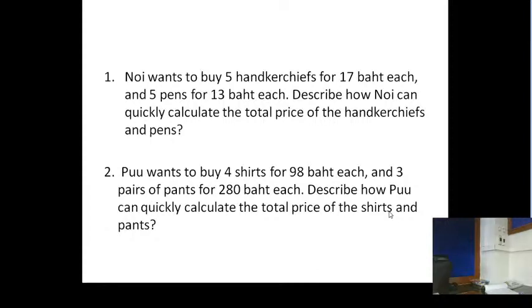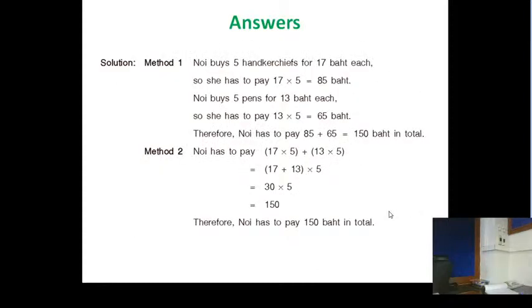Okay. So what is the answer? How will we do this question? You know already. Okay. 17 multiplied by 5, 13 multiplied by 5, add, but in the end, what you have to do.